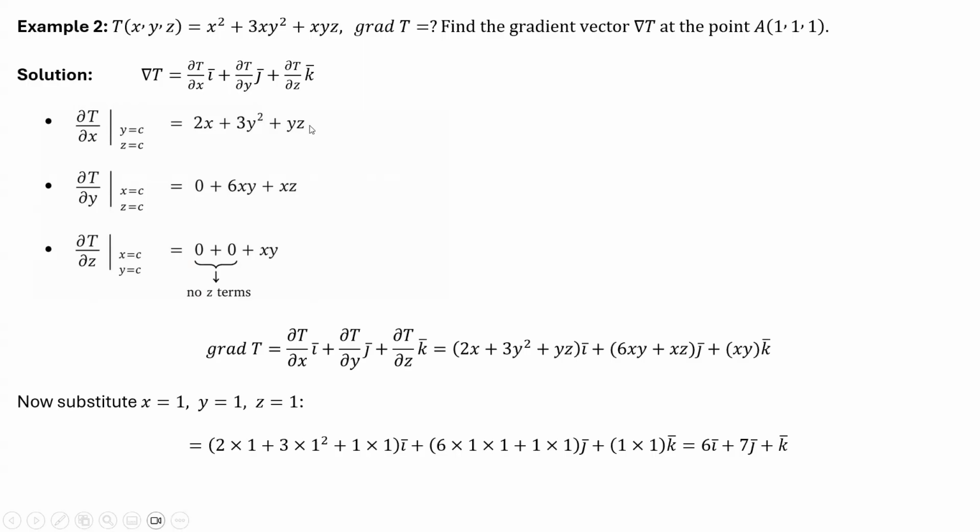Then we insert all of this into our main formation, and we get something like this. As the point is (1, 1, 1), we substitute these values into the equation and calculate, and we get 6i cap plus 7j cap plus k cap. This is the gradient vector for this function at this point.